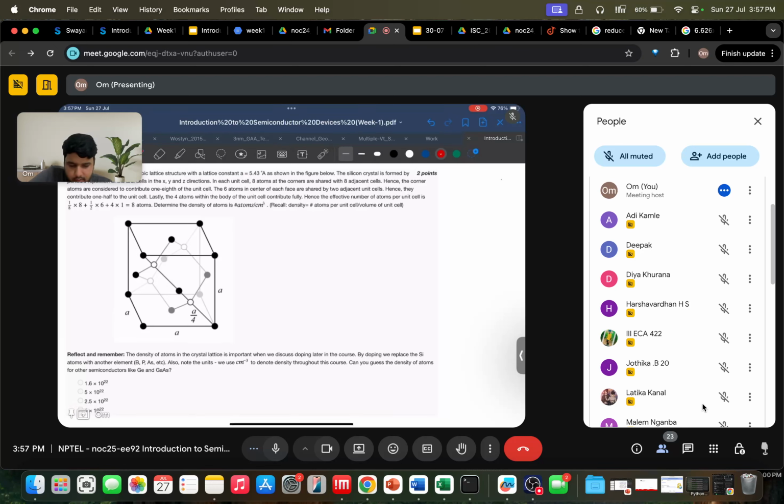So the question is, silicon has a diamond cubic lattice structure with a lattice constant of 5.43 angstroms. So it's not visible maybe.